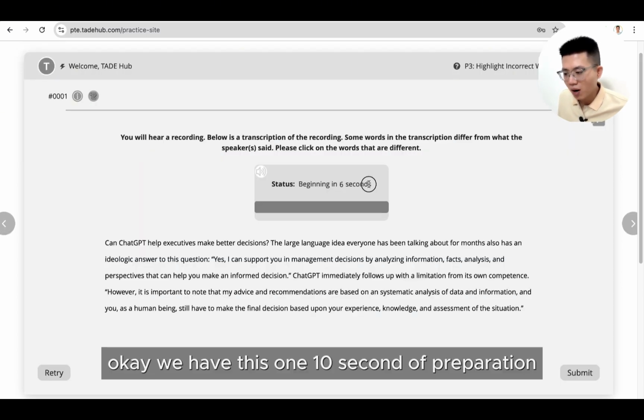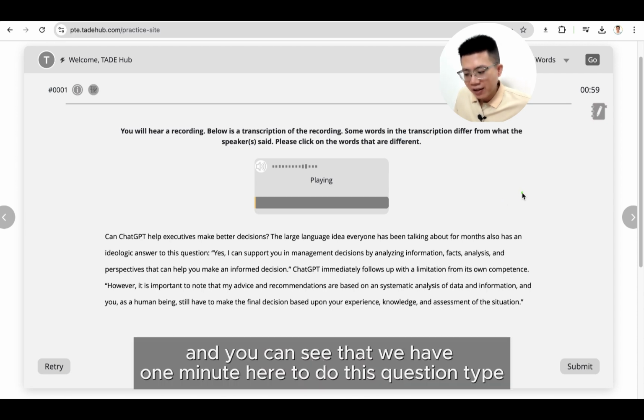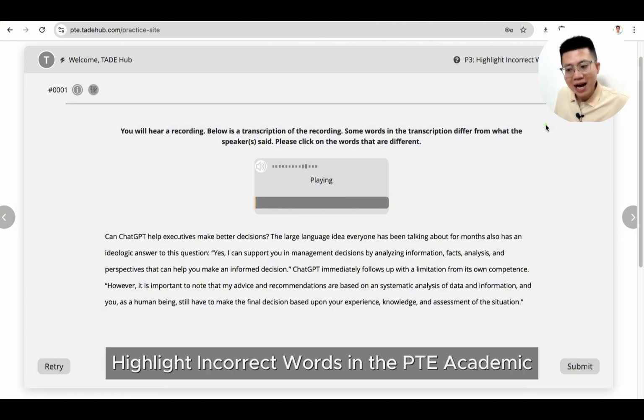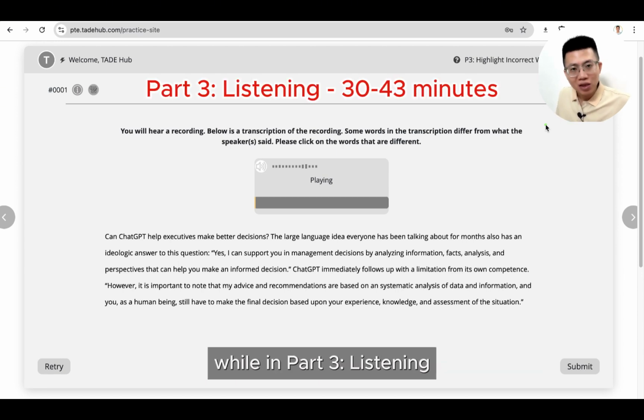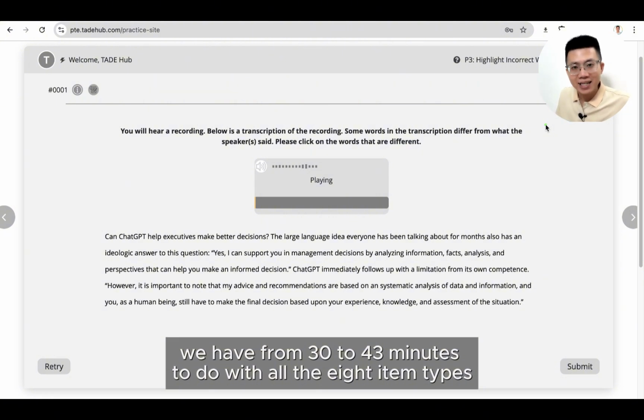Okay, we have 10 seconds of preparation, and then after 10 seconds the audio starts as well as the timer begins. And you can see that we have 1 minute here to do this question type. But you may wonder, why do we have this 60 seconds to deal with one Part 3 Highlight Incorrect Words in the PTE Academic, while in Part 3 Listening we have from 30 to 43 minutes to deal with all the 8 item types?